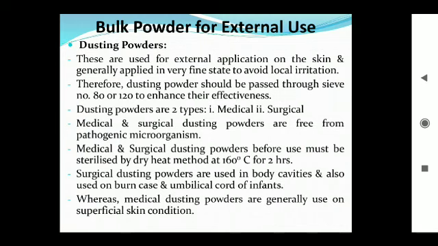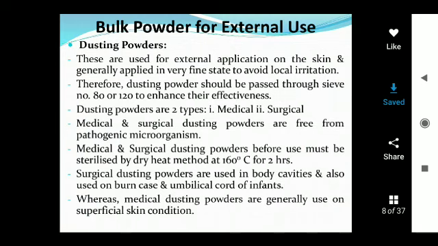Dusting fodders are classified into 2 types: medical dusting fodders and surgical dusting fodders. Both medical and surgical dusting fodders must be free from pathogenic microorganisms, so they must be sterile. If any microorganisms are present, they may cause serious injuries to the patient.